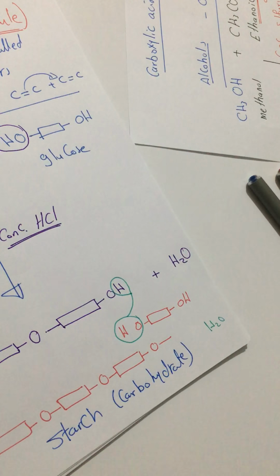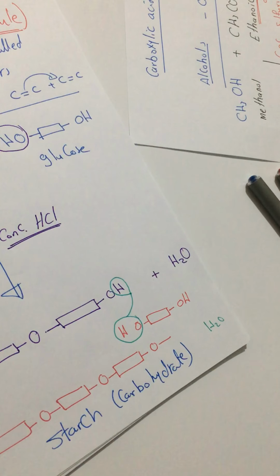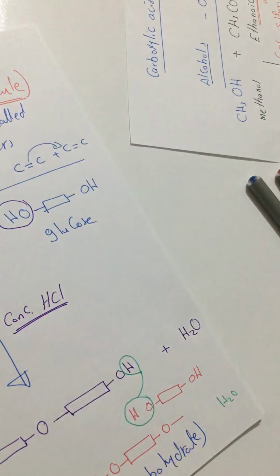So, whenever I ask you what's the monomer of carbohydrates or starch, the monomer is glucose.